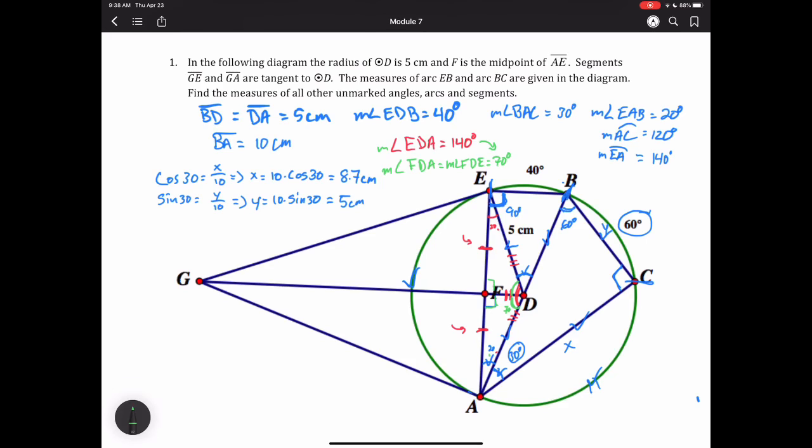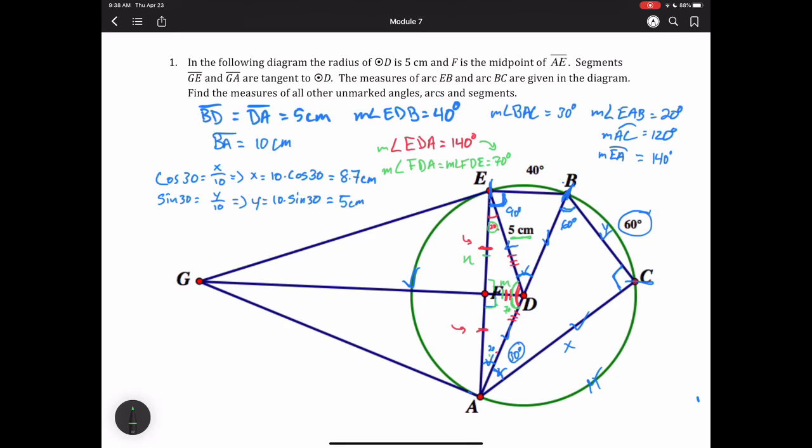So let's go ahead and do that. I'm going to use this angle right here, and I have the hypotenuse, and I need the adjacent side and the opposite side. I'm going to call this N, and this side M for now, just for simplicity.